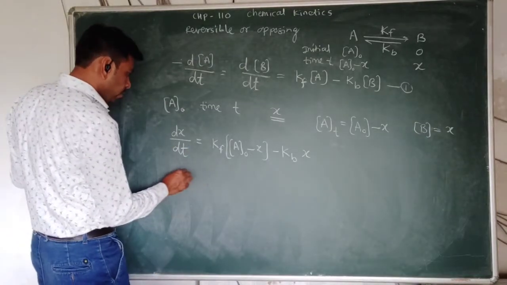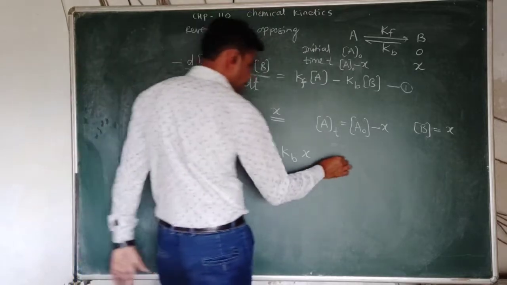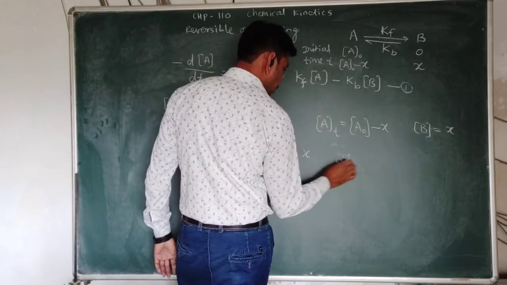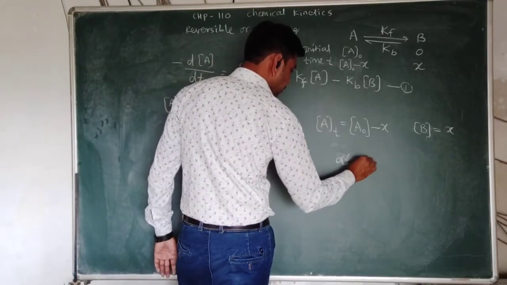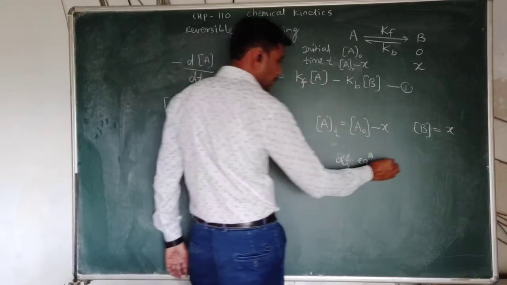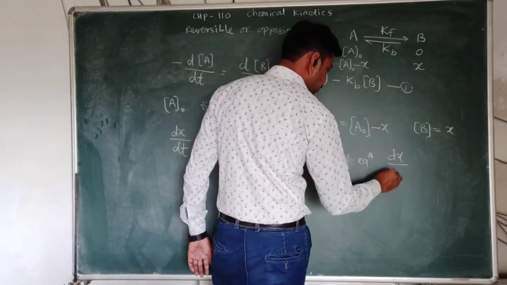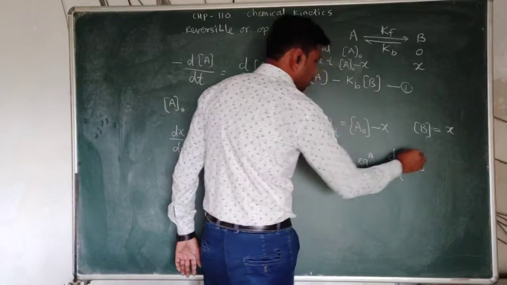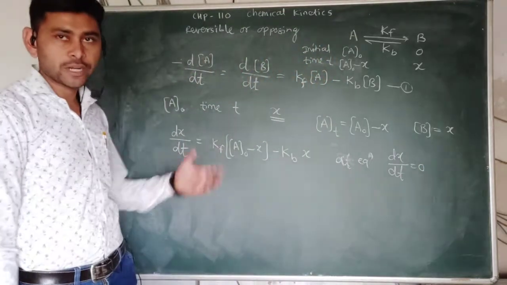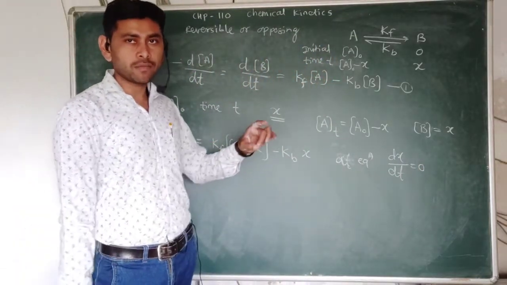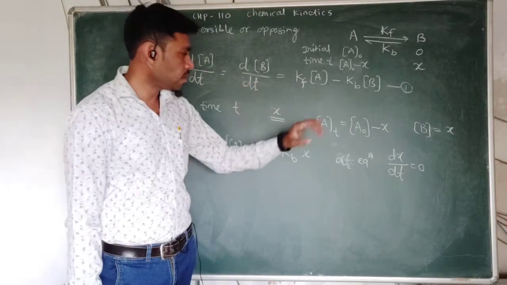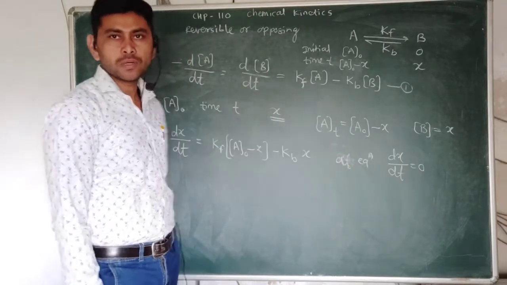So what happens at equilibrium? At equilibrium, dx by dt is equal to 0. The rate of forward reaction equals the rate of backward reaction at equilibrium, and in such a condition dx by dt equals 0.